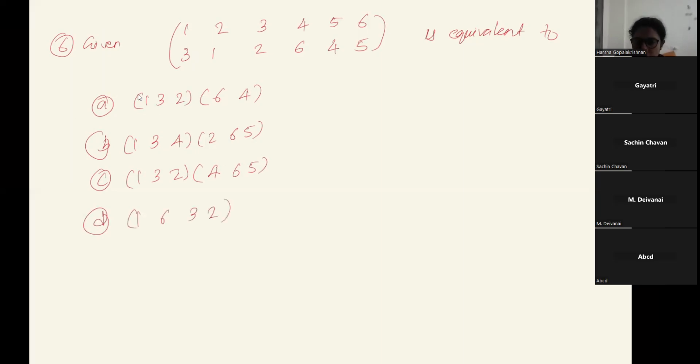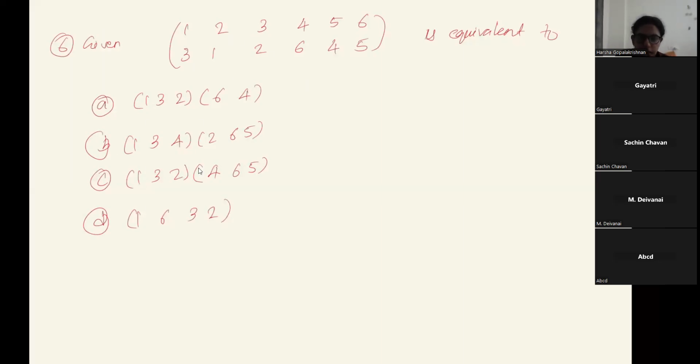So you know what it actually means. If the cycle 1, 3, 2 is given, it means 1 is mapping to 3, 3 is mapping to 2, and 2 is mapping to 1. So the question is to which of these representations the given permutation is equivalent.